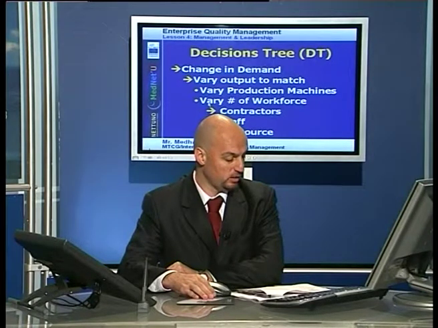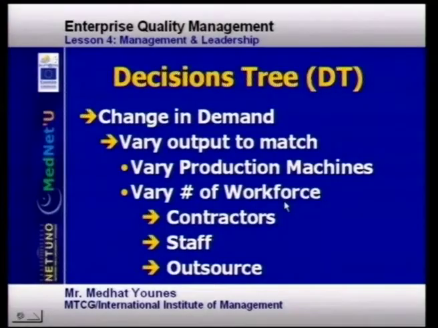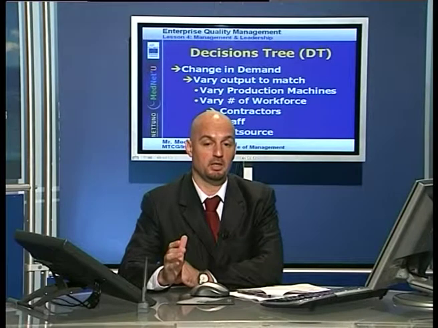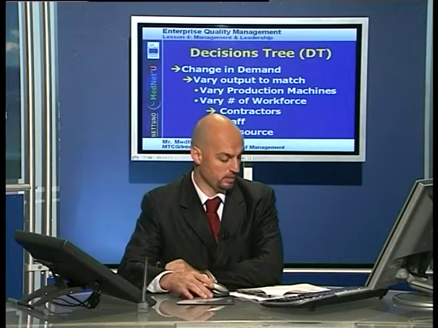The manager can also vary the workforce, and in an upturn cycle for the demand, the manager has the option to hire contractors or new employees, pay overtime for the employees, subcontract someone else to help with the production, or even outsource a certain line of products.